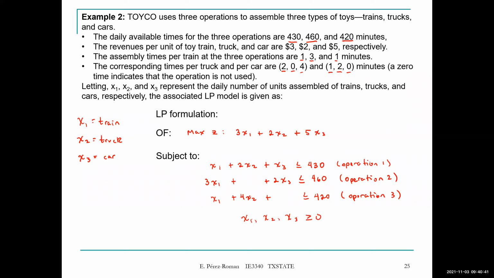Okay, so this is the formulation, and this is the problem that we are going to use to explain the algebraic sensitivity analysis. And so we are trying to optimize making decisions in terms of how many of each product we are going to produce. And we have a capacity limitation for each one of the operations, and we are trying to maximize our profit.